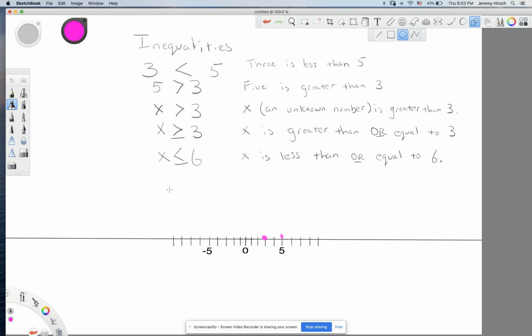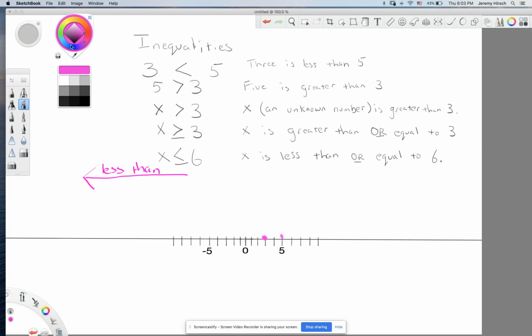On the number line, you can tell because that way is always going to be less than.